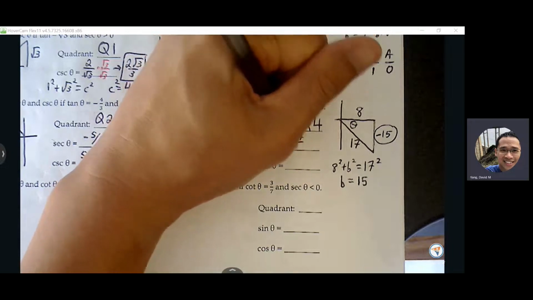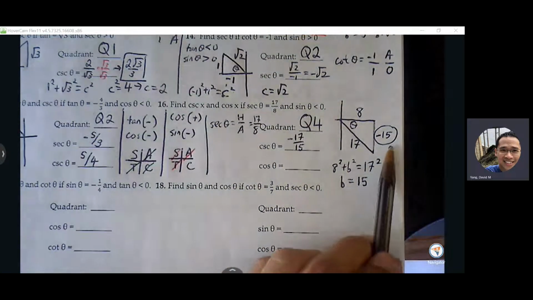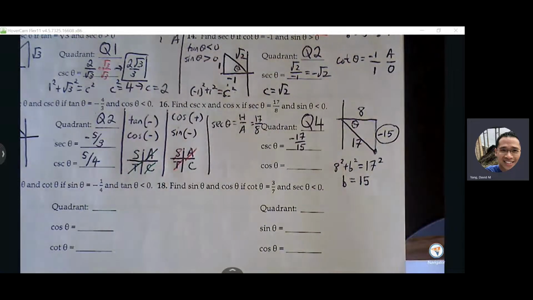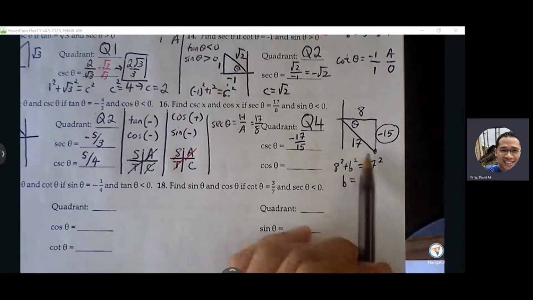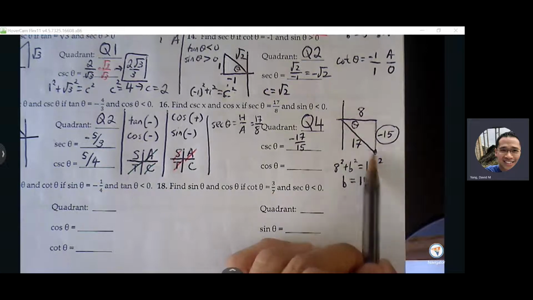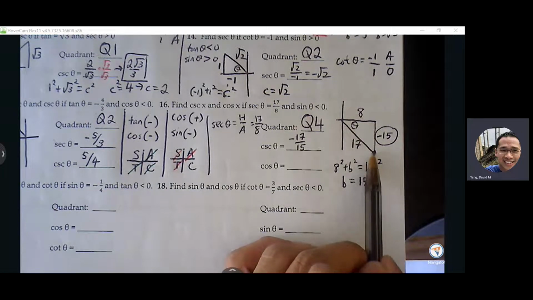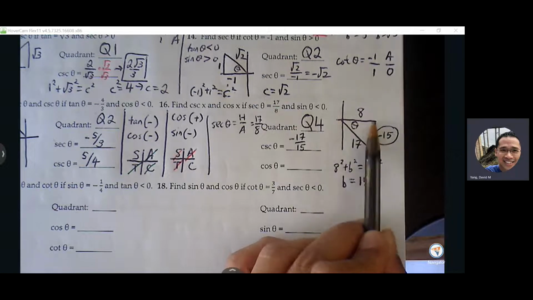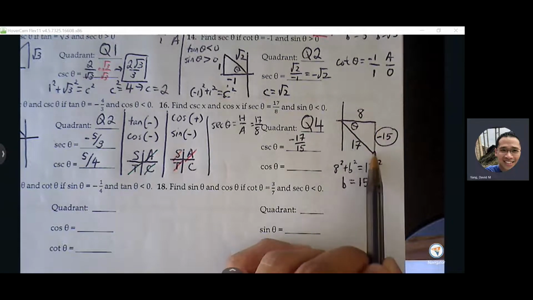Why would the 15 only be negative? And then you always just leave the hypotenuse the same? That's right. Hypotenuse is always positive. And the reason why 15 is negative is because imagine I want to get to this point in the fourth quadrant. I have to go right and down. So right is positive and then y is negative.